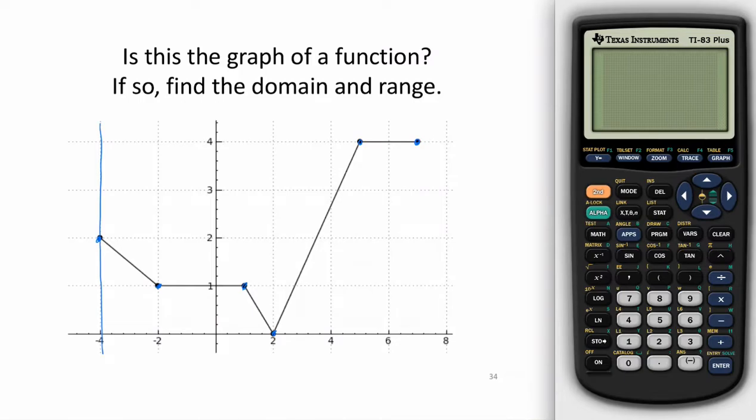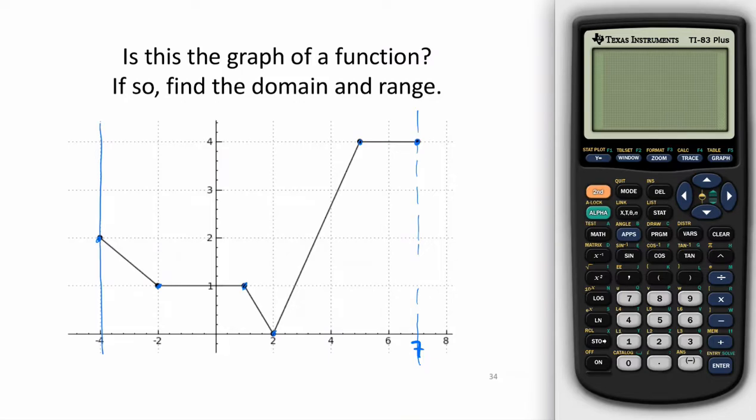As I move to the right with my vertical lines, every vertical line is intersecting the graph once and only once, all the way till I get to the last vertical line that's intersecting the graph. That's 7.